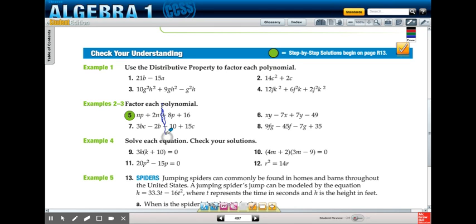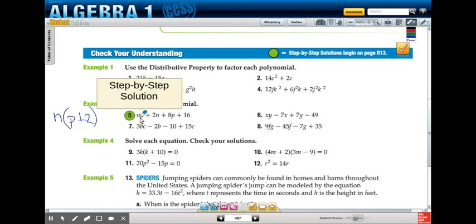So like for these two, if I draw lines down here, you're going to look at the front part and the back part and see if there's something that you notice that they have in common. So, for example, in number 5, the first two, np plus 2n, there's an n in both. And that would be n times p plus 2, because I factored the n out.